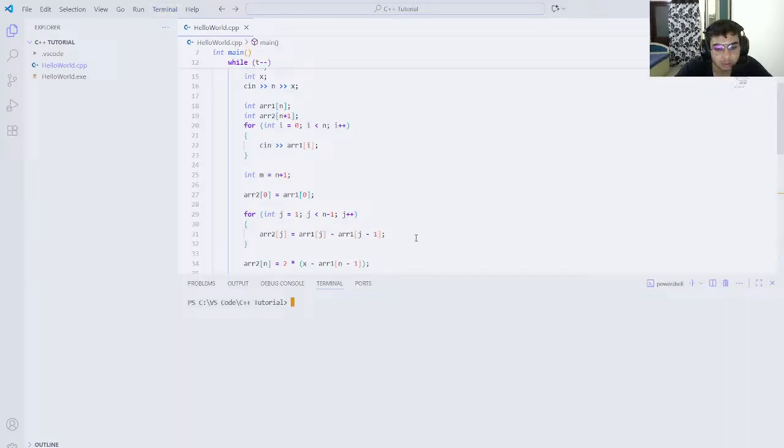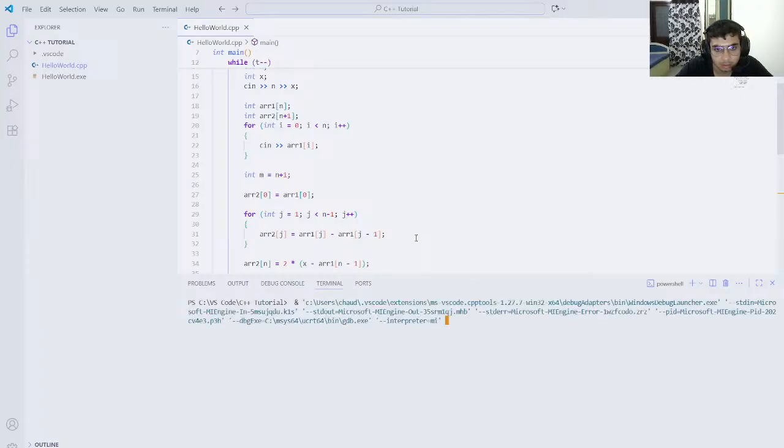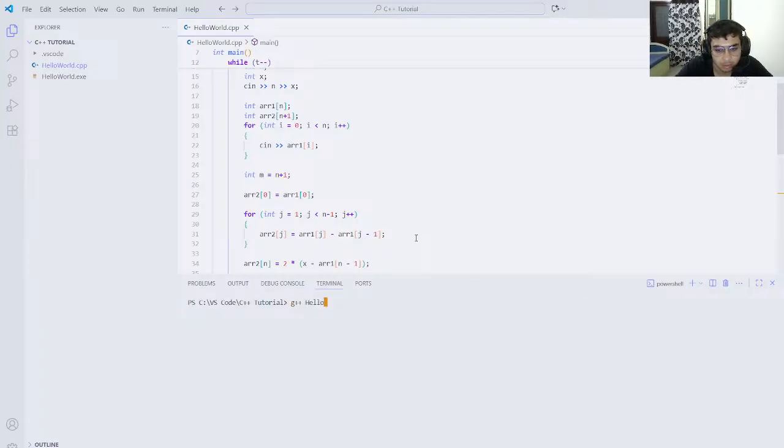So that, yeah, g plus plus hello world dot cpp dash o hello world.